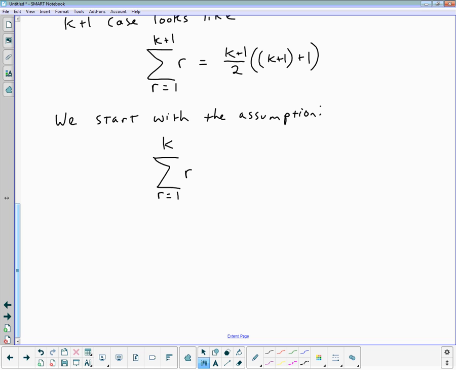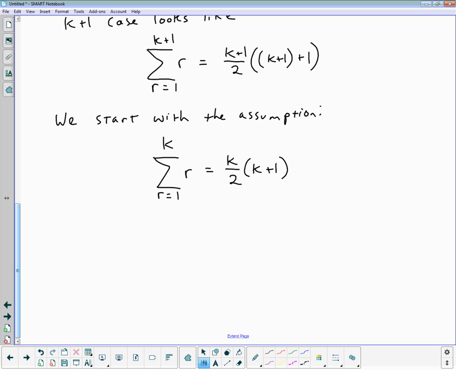All right, now a couple of things right off the bat. Some rules. This r is a dummy variable. It will never be involved in your final answer. It will never be substituted. It is contained entirely within the sigma notation. Do not let it wander, okay?